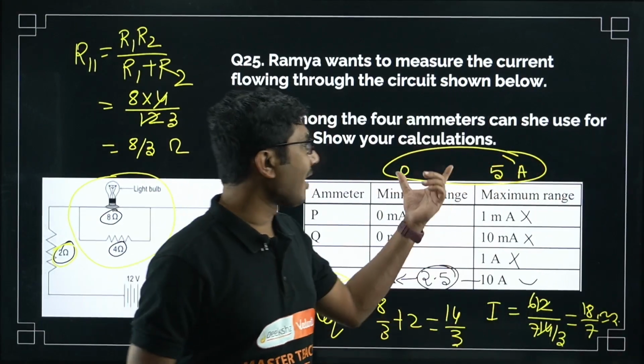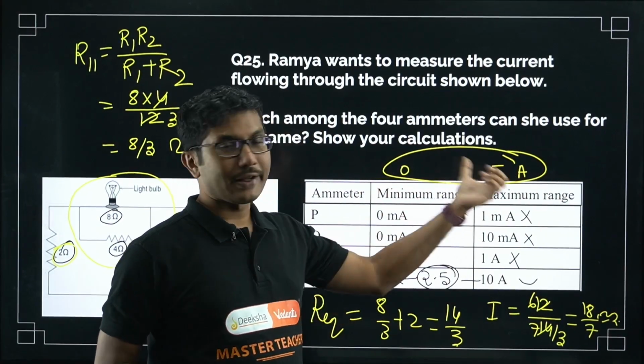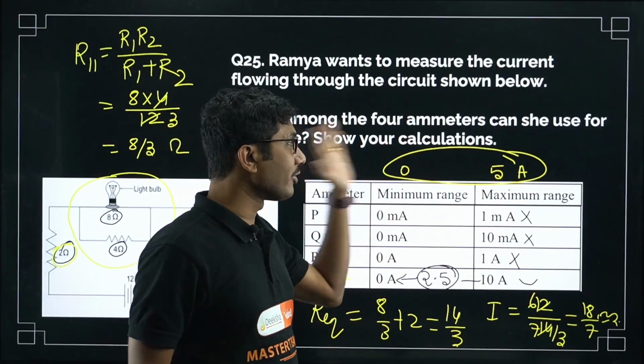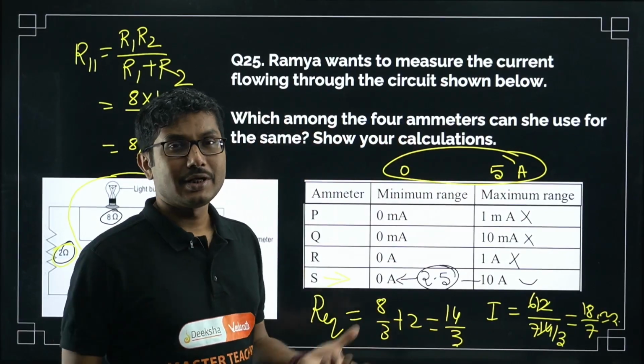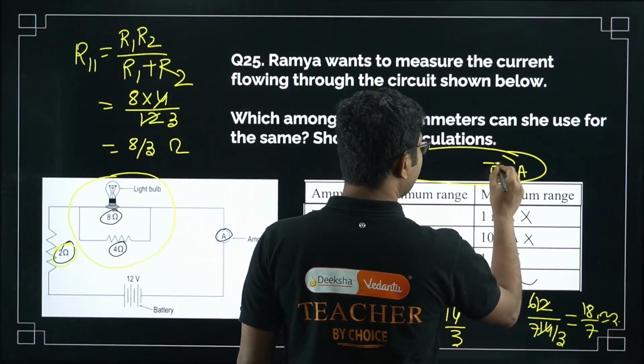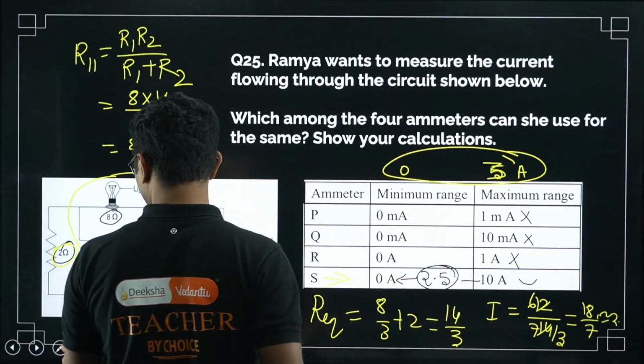Okay, so because the value is between 0 to 5 and this is the smallest difference that is possible, we will always choose the smallest range as much as possible. In case they give you 0 to 3 ampere, you will choose 0 to 3 ampere over anything else.